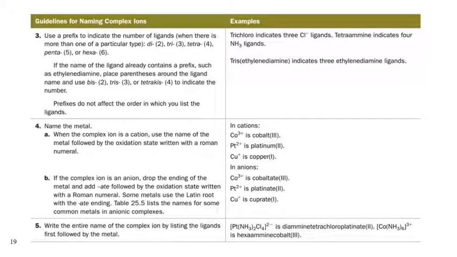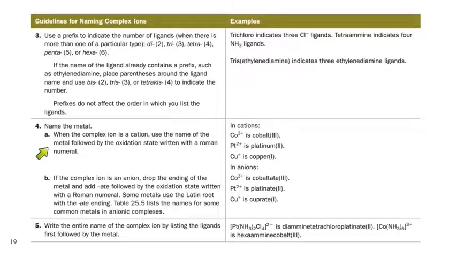We're not using tri because ethylenediamine already has a prefix inside of it. The numerical prefixes do not change the alphabetical order. You're looking alphabetically at the names of the ligands without those prefixes. You've got the ligands with their prefixes, all of those listed first, then you name the metal.